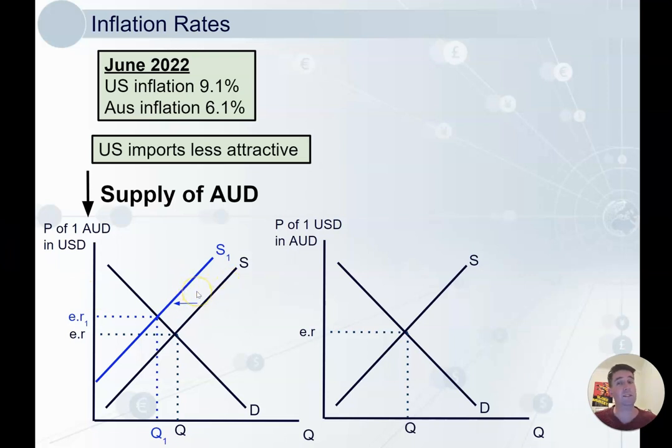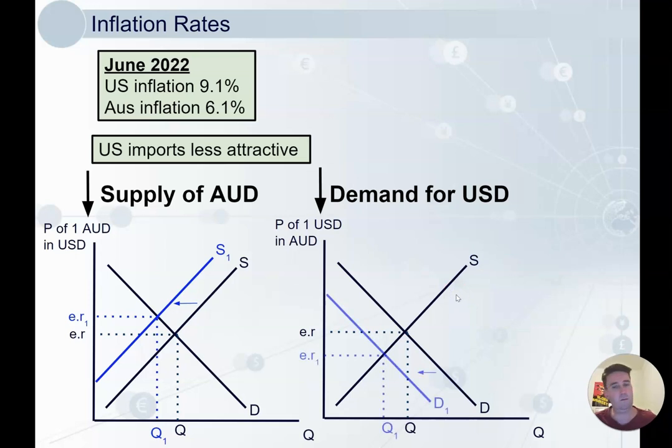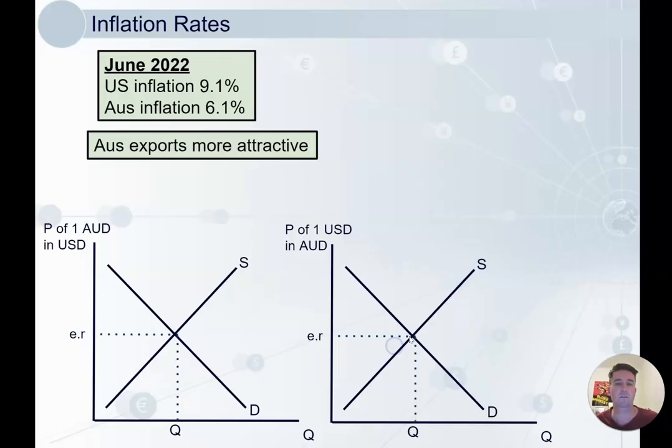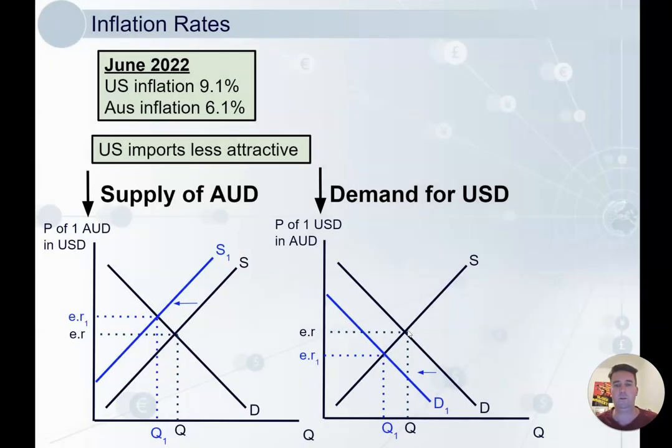We're not sending as much money out to buy US dollars. We're spending that money locally instead. We're not exchanging it. And with less supply of Australian dollars, we're not buying as many. Less demand for US dollars. So appreciation of the Australian dollar, depreciation of the US dollar. I'll just make sure you get that. There we go.